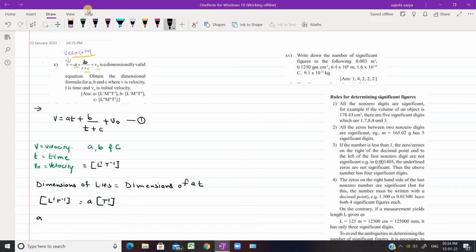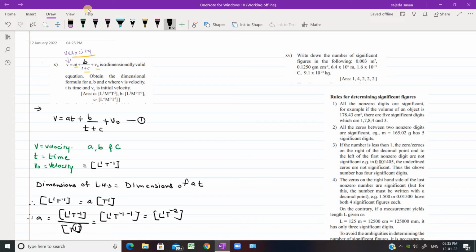So A will be L raised to 1, T raised to minus 1, and this T is shifting to the other side, it will be divided, so it will be T raised to 1. On simplifying, it will be L raised to 1, T raised to minus 1, and this plus 1 shifting to the denominator becomes minus 1. So the dimensions of A are L1 T raised to minus 1 minus 1, that is minus 2.